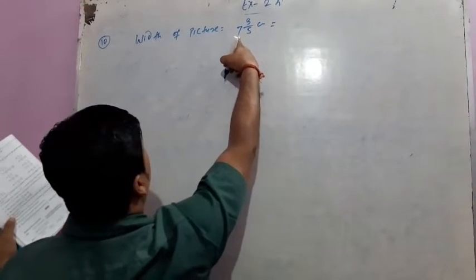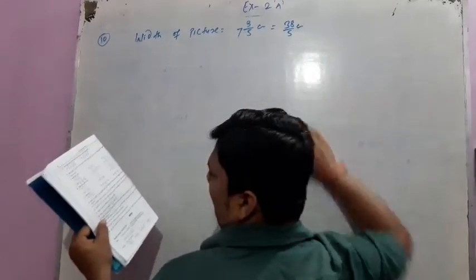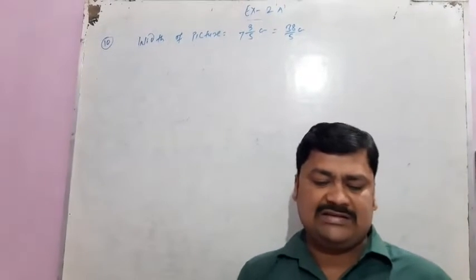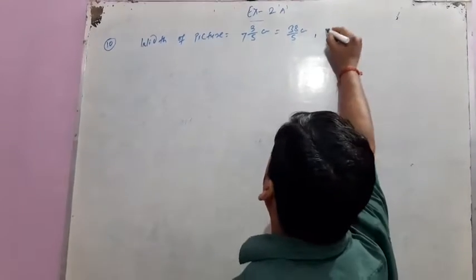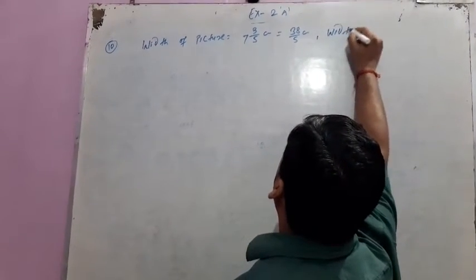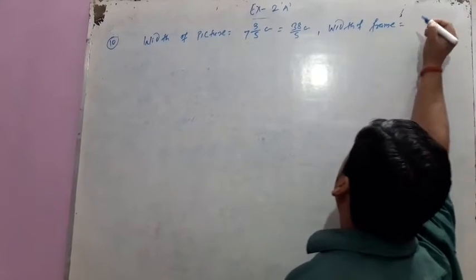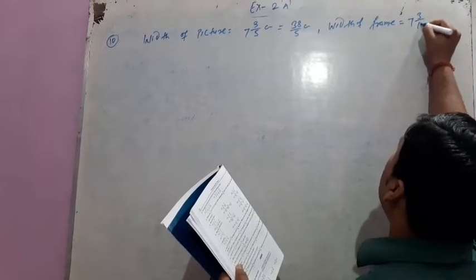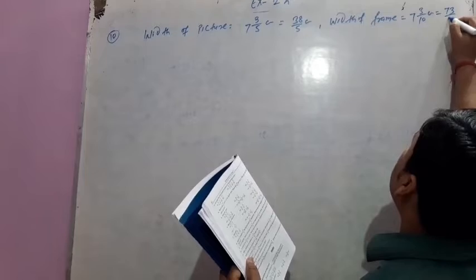That is 7 times 5 is 35 and 3, 38 by 5 centimeter. How much should it trim to fit a frame 7 whole 3 by 10 centimeter wide? What is the width of frame? The width of frame is equal to 7 whole 3 by 10 centimeter. 10 times 7 is 70 and 3, 73 by 10 centimeter.